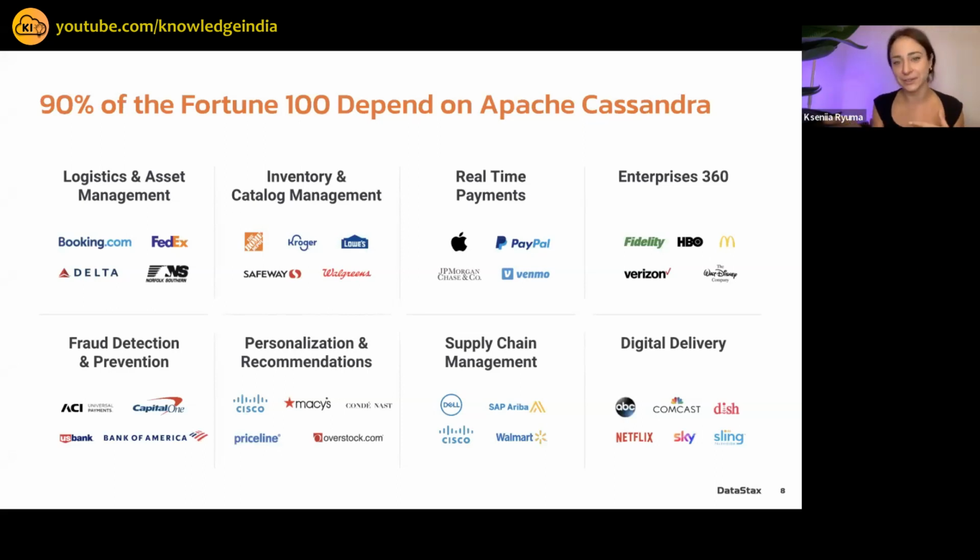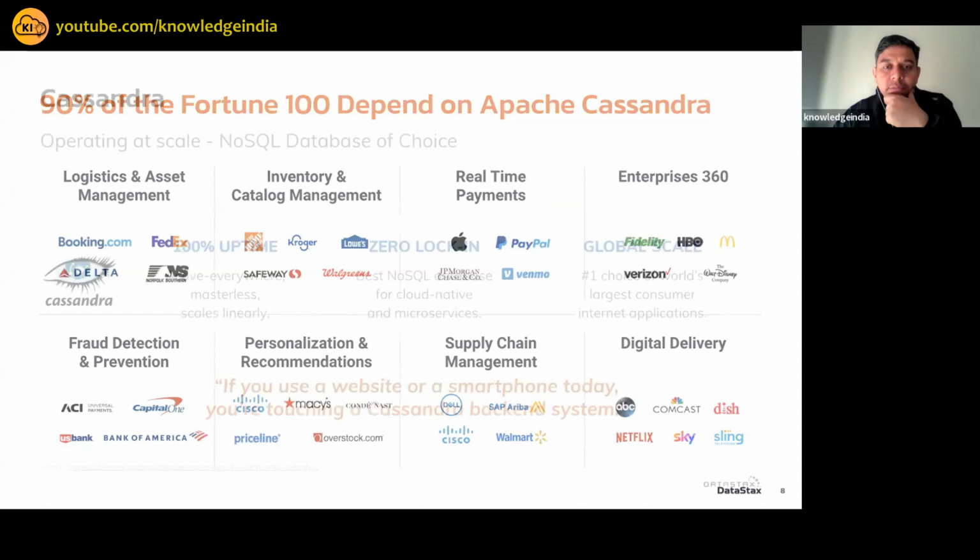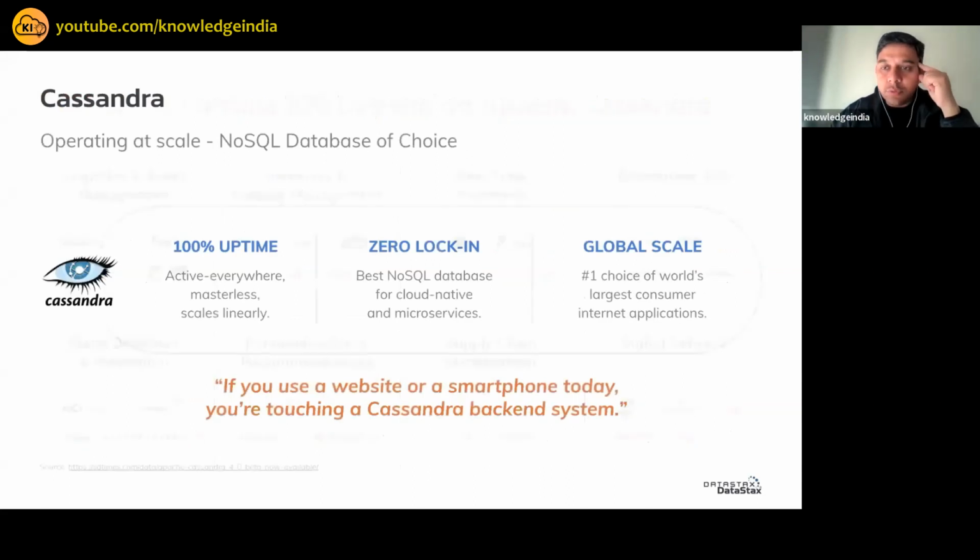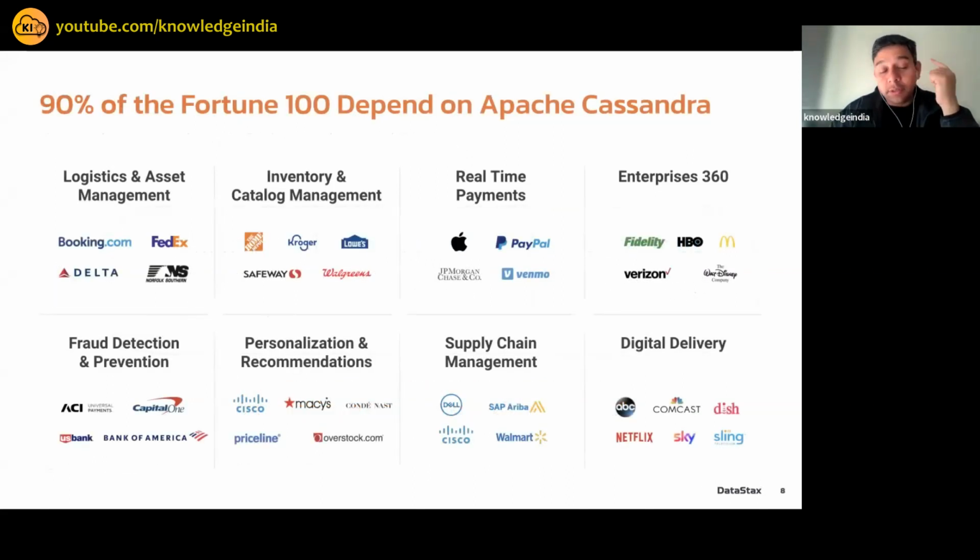All these companies are using Cassandra to serve the end users, to provide them the best experience they can, to drive business innovation and income. So that clearly shows that there is a lot of usage of Cassandra, and hence I think Cassandra skills are going to help learners.